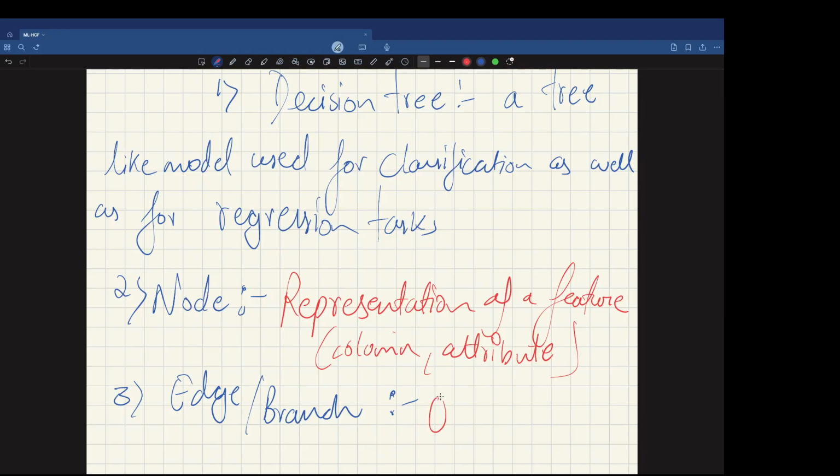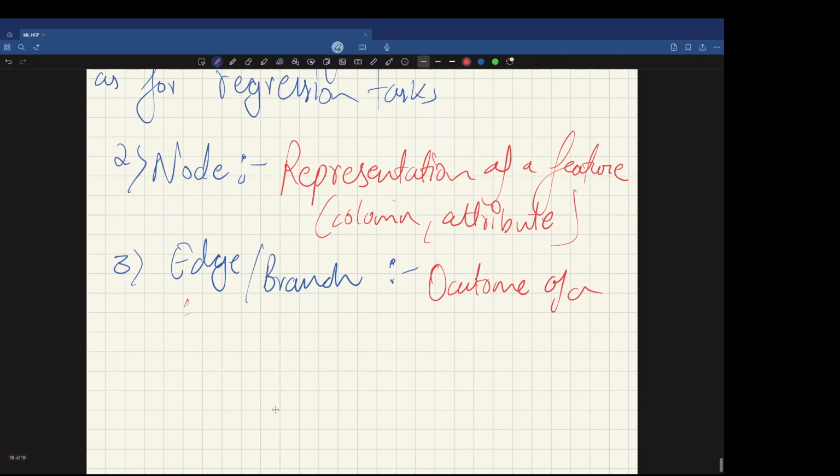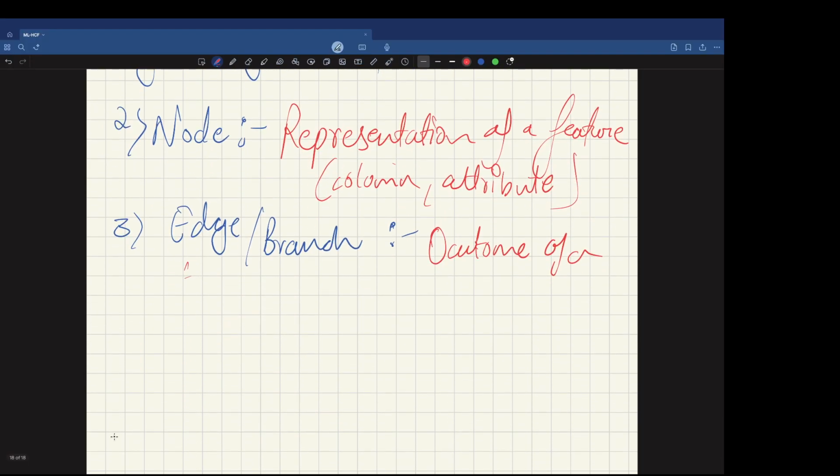Edge and branch: the outcome of a test condition, which leads to the next node or feature.